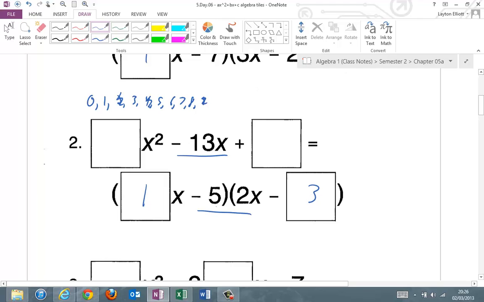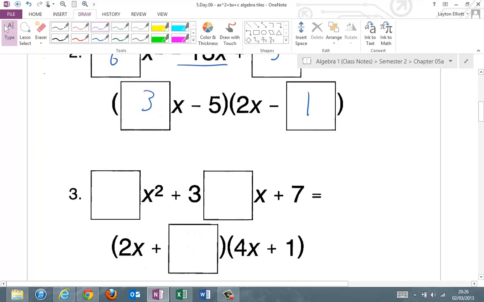If it's 1 and 3, then my negative 5 times my negative 3 is going to be 15, which can't work because these are supposed to be digits. So let's switch this around and make this 3 and 1, which means that this would be positive 5. And then 3x times 2x is 6x. So that just knocked off quite a few other ones. I've knocked off the 6, the 3, the 1, and the 5. So all I'm left with is a 1, 7, and 8.